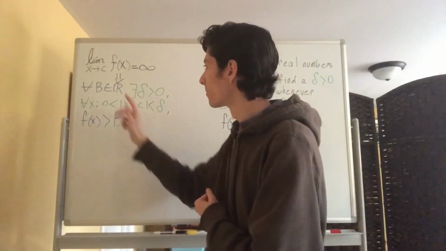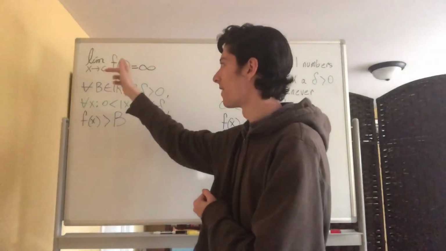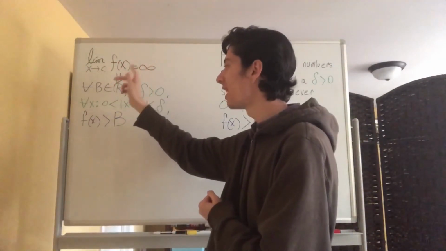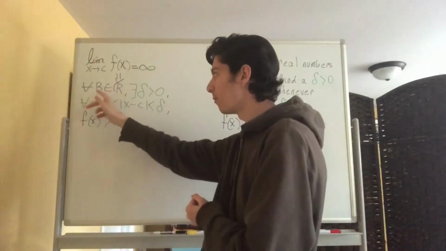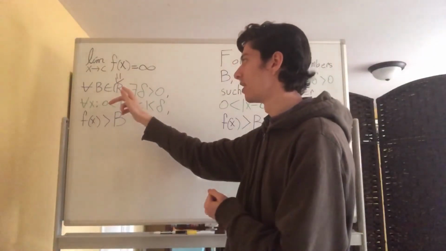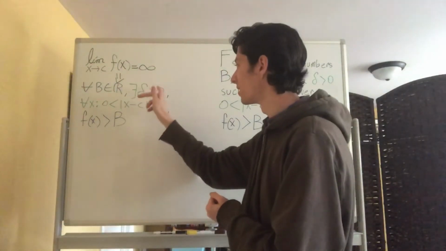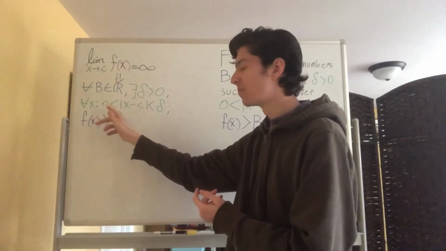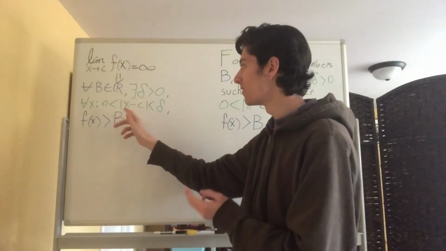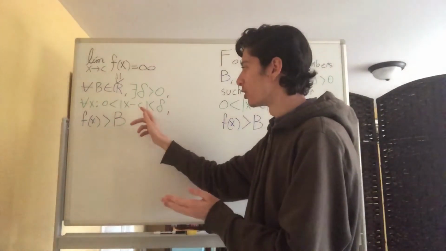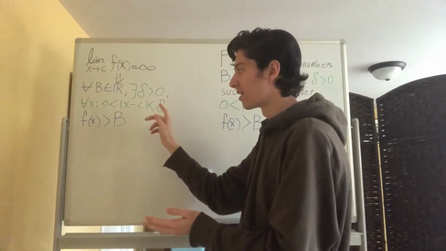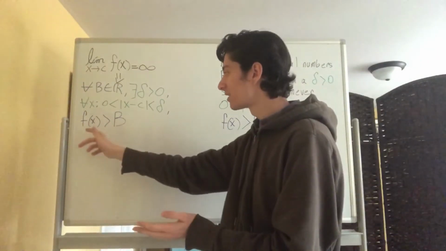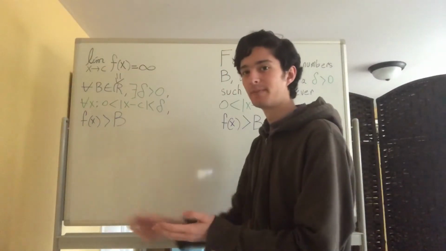Here we can see the limit as x approaches c of f of x equals infinity implies that for all b, which is a real number, there exists a positive delta such that for all x, when 0 is less than the absolute value of x minus c, which is also less than delta, that implies that f of x is greater than b.